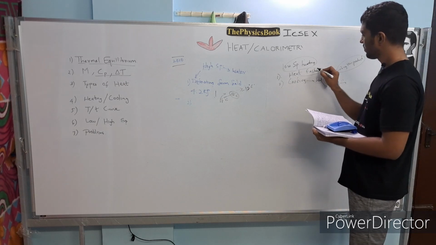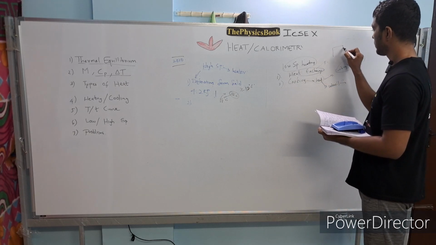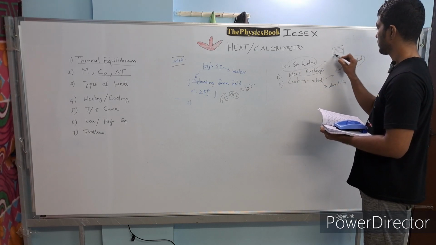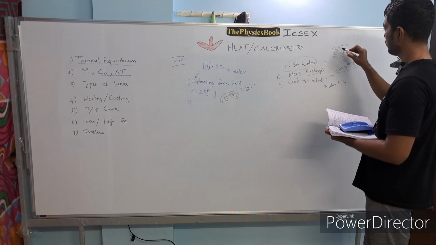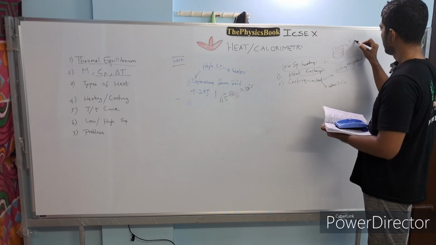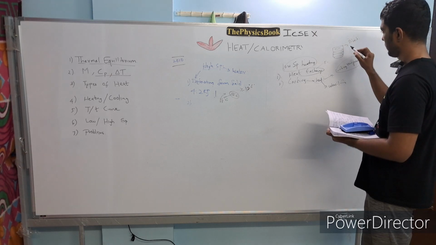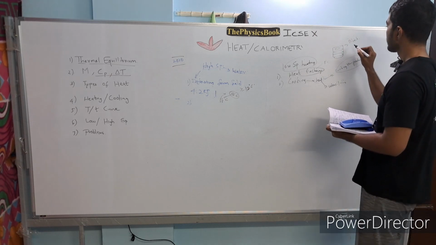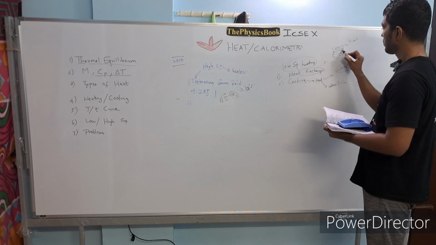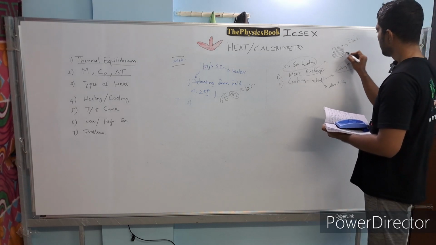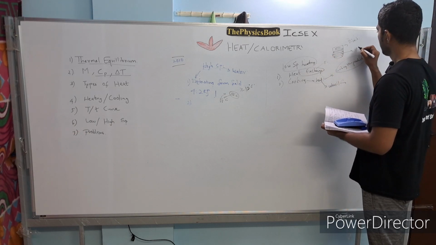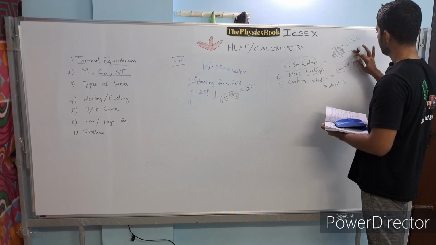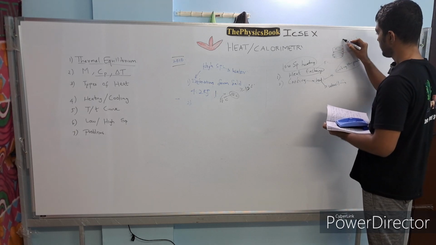Heat exchanger, we just saw a similar example wherein our fridge has low specific heat capacity copper coils, blackened. This black color is just for a different reason, we will not touch it for now. And why copper is being used is that because copper has low specific heat capacity, it will not absorb much of the heat to increase its temperature.